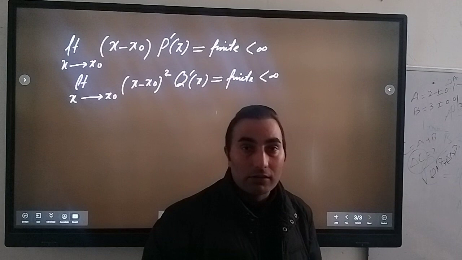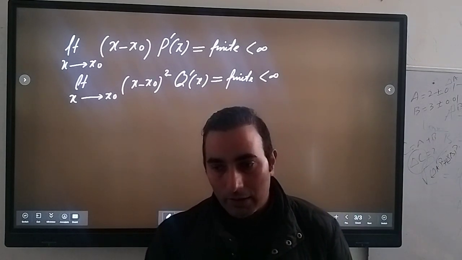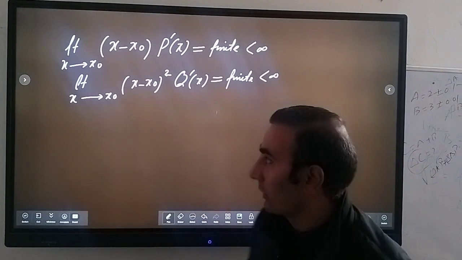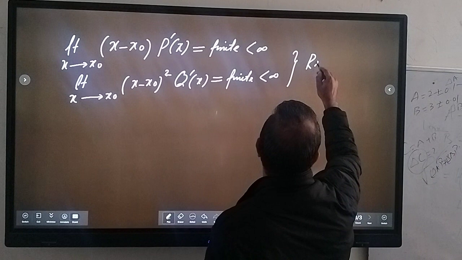So when these limits converge, or are less than infinity, we can say that x0 is called a regular singular point.